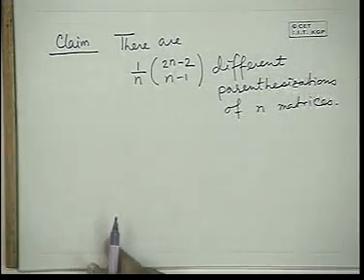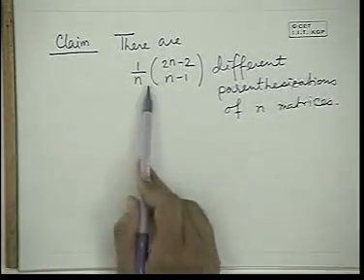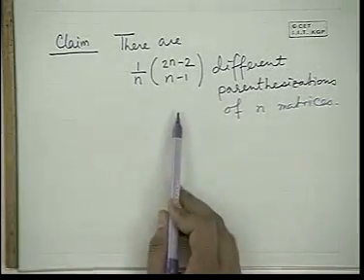Suppose there are n matrices, you just count the total number of different such strings; you can always prove that this many different parenthesizations are possible.